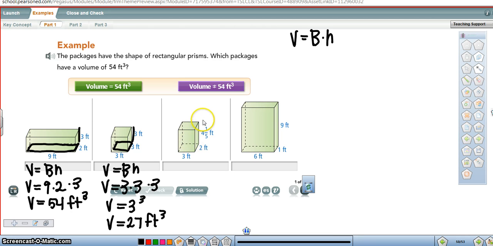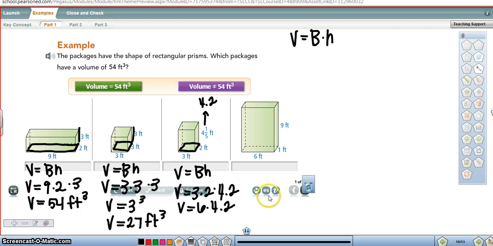In this one, first off, we can think of this fraction as a decimal if that's easier. 1 divided by 5 is 0.2, so we can think of this as just 4.2. Right? To get the volume of a prism, we do the area of the base times the height. So the area of the base would be 3 times 2 times the height, which is 4.2. 3 times 2 is 6, and we still need to multiply times 4.2.